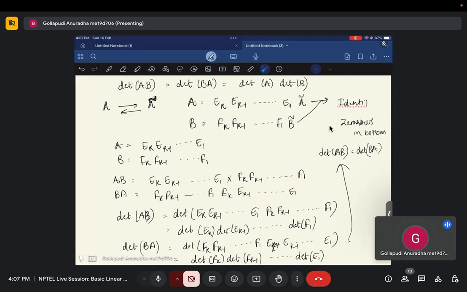Because all these are elementary row operations, and we saw a property that determinants of elementary row operations give scalar values only, so you can take them outside.